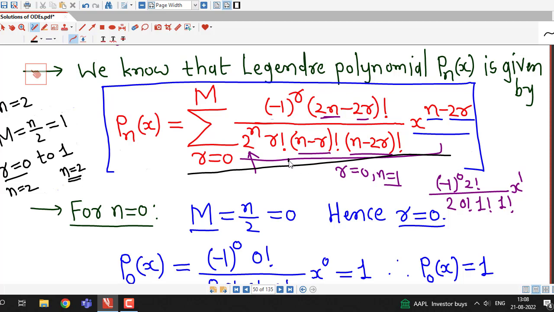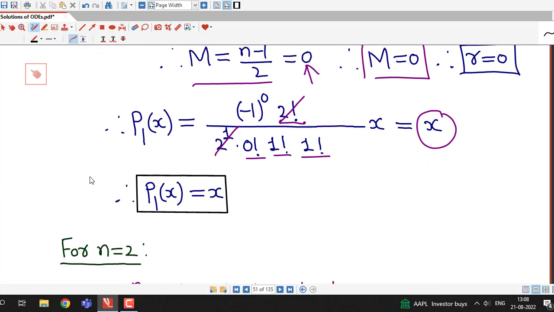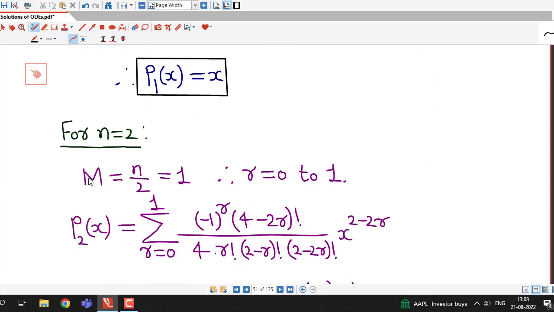So first we determine the term of this summation corresponding to r equal to 0 and n equal to 2. Then we determine the term corresponding to r equal to 1 and n equal to 2, and we find out P2(x). So first I have taken capital M equal to 1 and n equal to 2.